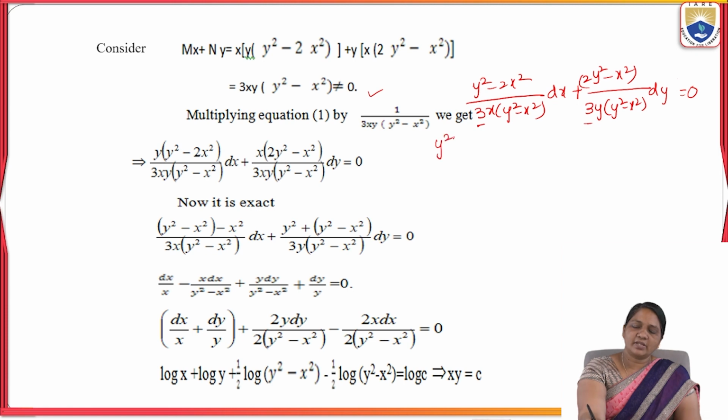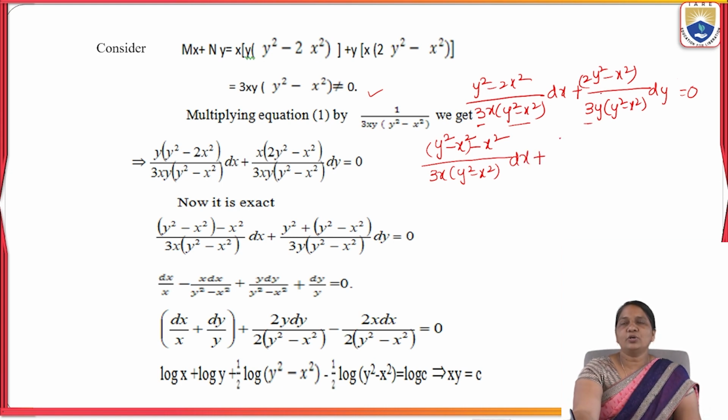So finally, here I am going to simplify. I am writing this one as y square minus x square minus x square. Why? Because already we are having the denominator value y square minus x square. To separate that term, I am writing here 3x into y square minus x square into dx plus 2y square as y square plus y square minus x square.